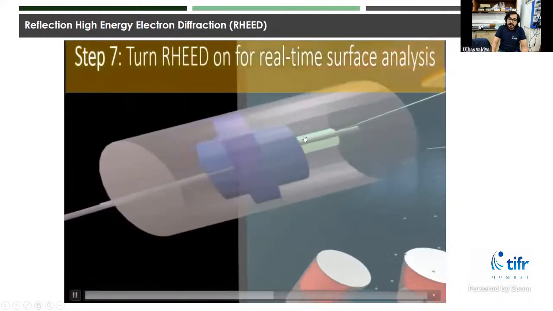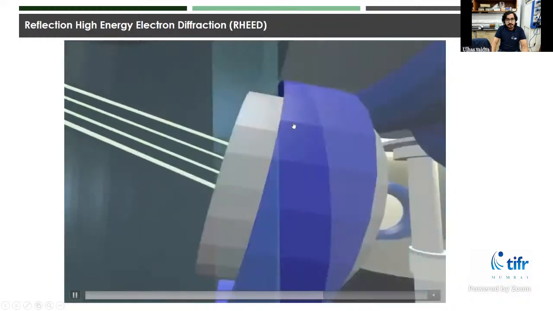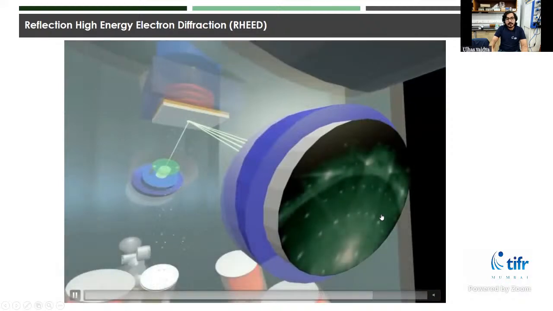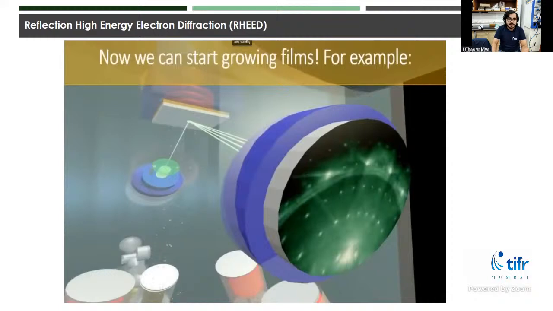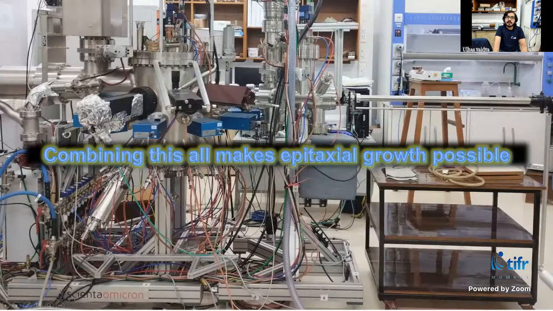Then on the screen, you can see the diffraction pattern. And by looking at the diffraction pattern, we can get lots of information about the crystal and the growth. So you are able to see the crystal growth live as it progresses. Yes, we can monitor the real-time crystal growth and different layers also.